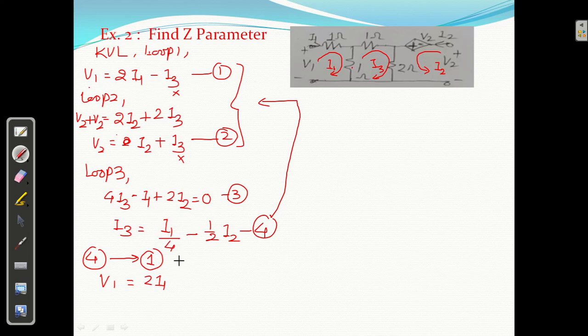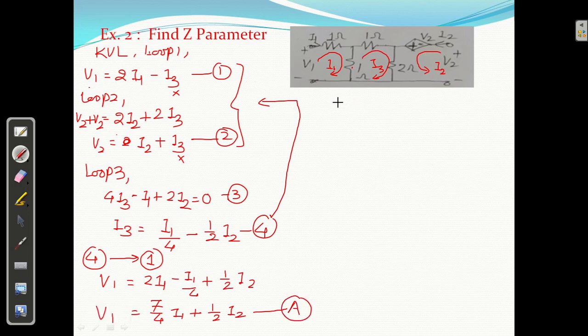Minus I3 matlab this minus I1/4 and this minus plus 1/2 I2. So you will get 4 into 2, 8 minus 1, 7/4 I1 plus 1/2 I2. I got equation number A equal to V1, right?